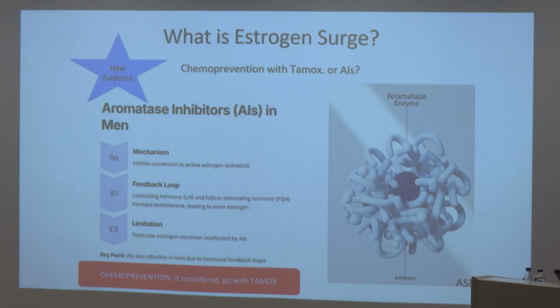Since there is no recommendation for chemoprevention with tamoxifen or aromatase inhibitors, you cannot consider aromatase inhibitors if your MDT decides to give any chemoprophylaxis or treatment in men. They don't work, but you can do it with tamoxifen, but we have problems with the duration and the dosage of tamoxifen to be used in healthy BRCA2 mutant men for chemoprophylaxis.